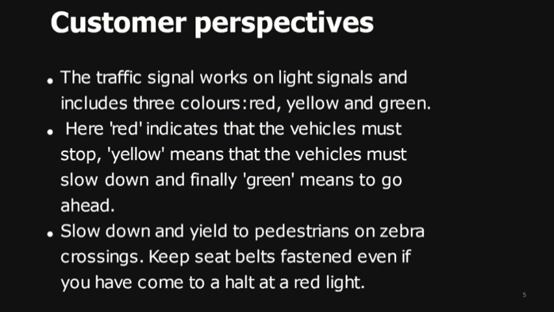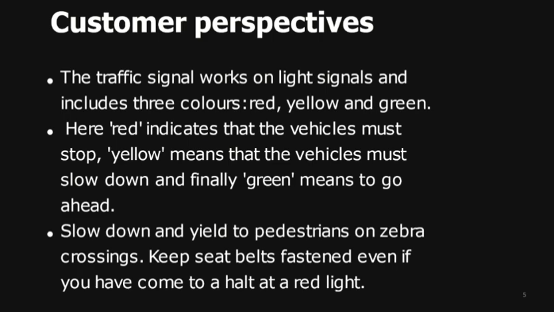The upcoming topic that we are going to discuss is customer perspectives. Traffic signals work on three lights, namely red, green, and yellow. First, the red light denotes the vehicle must stop before the zebra crossing.